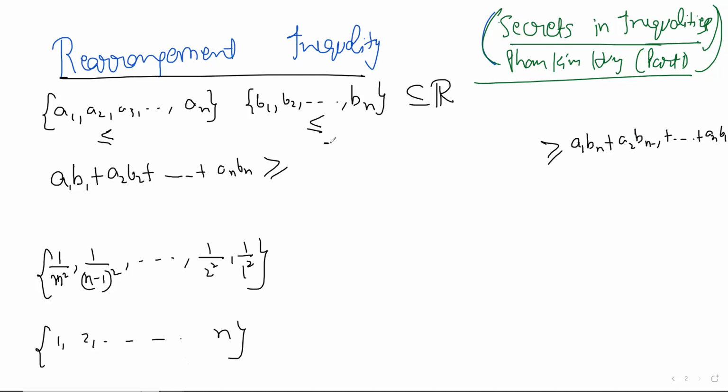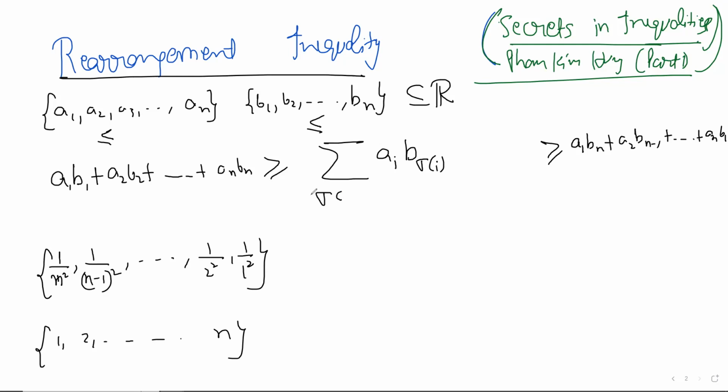In between, you can try out any permutation, and it will always be in between. There is something further, but not now. Where sigma is just a permutation.